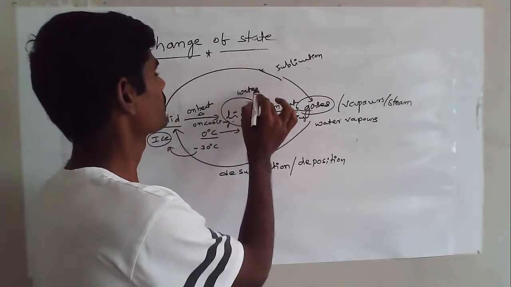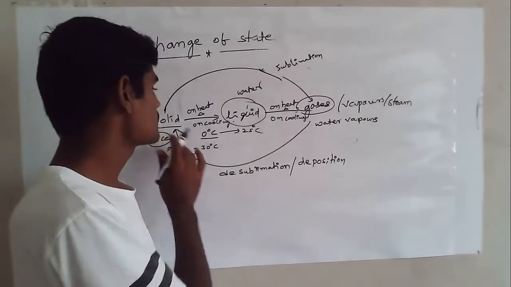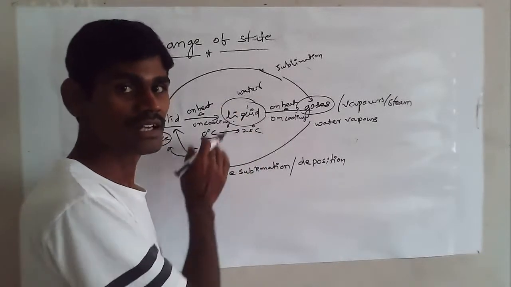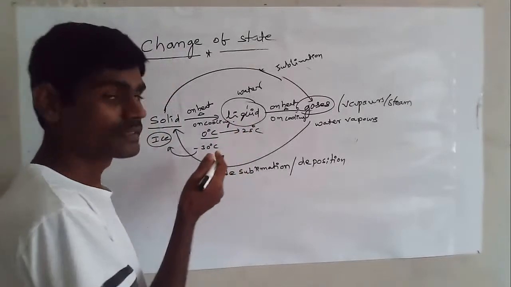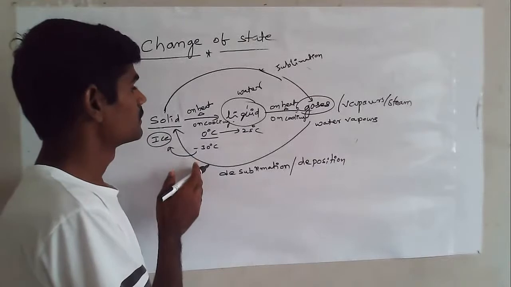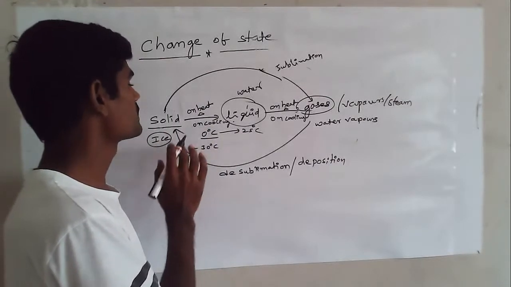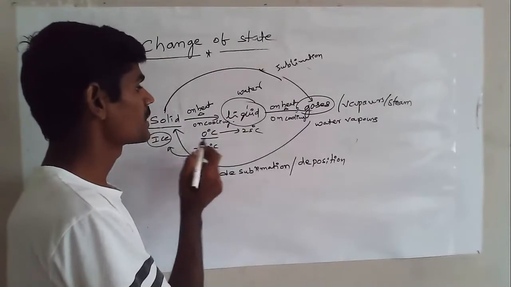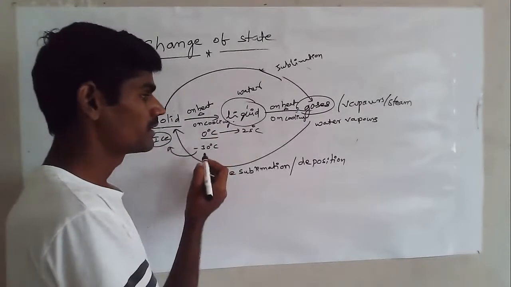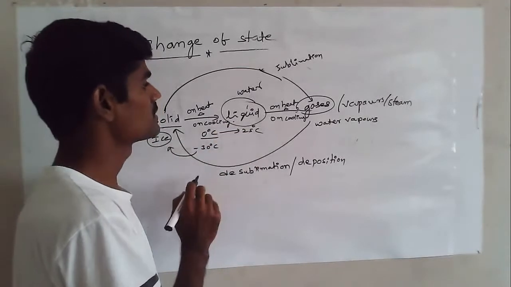It means when temperature rises, the solid substance automatically converts into liquid state. It means temperature directly affects any state. See here, when temperature increases, automatically the pressure present on the state decreases.